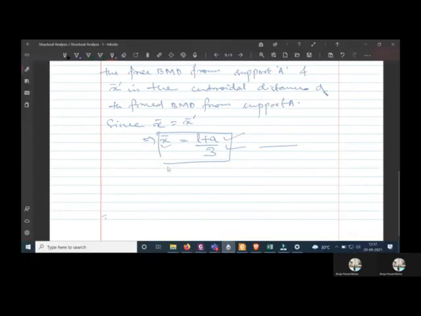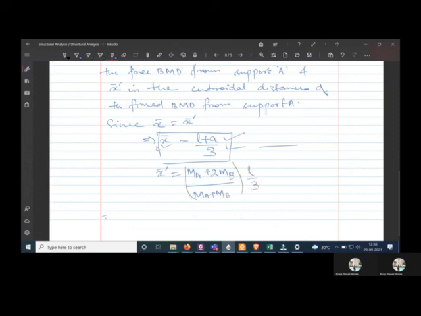Here we have x bar dash, this is for the fixed bending moment diagram. For that, the value of the centroid x bar equals MA plus 2MB divided by MA plus MB into L by 3.